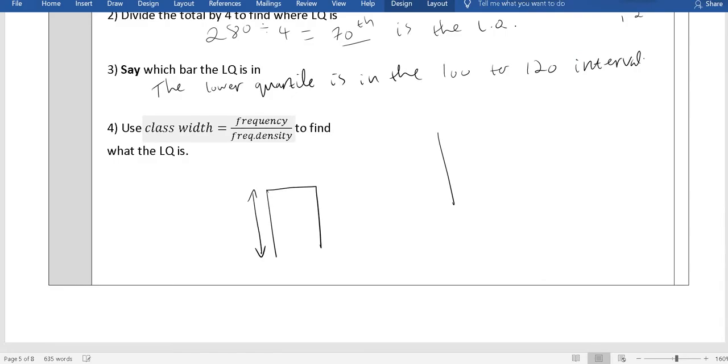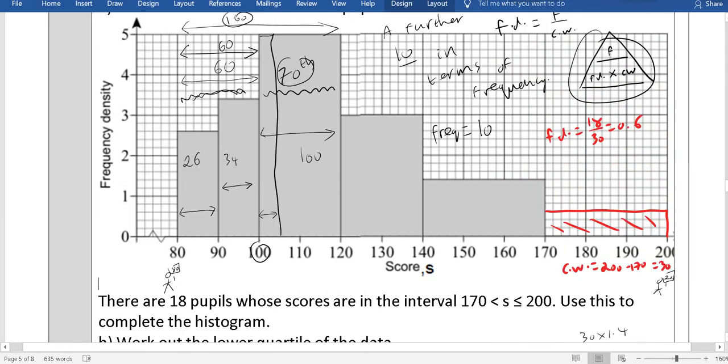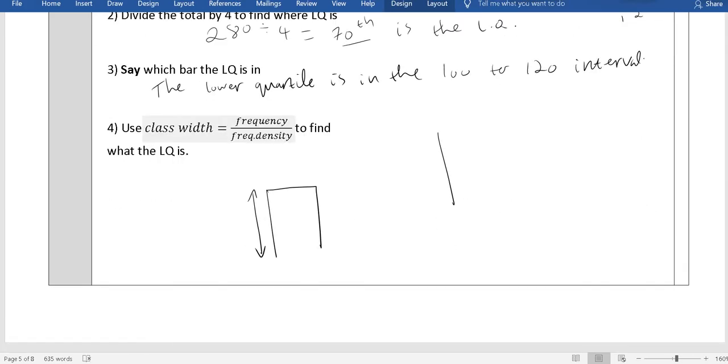We're inside that third interval, so we know the frequency density is 5 because we're inside that interval. So we can say the frequency density equals 5. We know the frequency is going to be 10 because we need to go a further 10 pupils in. Frequency is 10, frequency density is 5. What is the class width? We don't know, but we can use the formula from the start, the formula triangle.